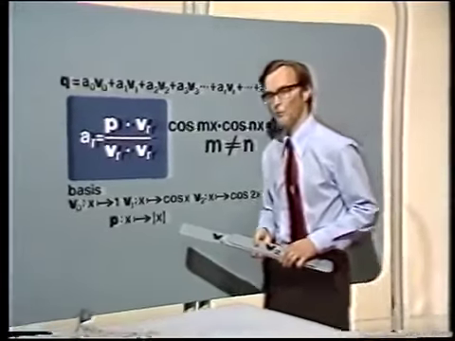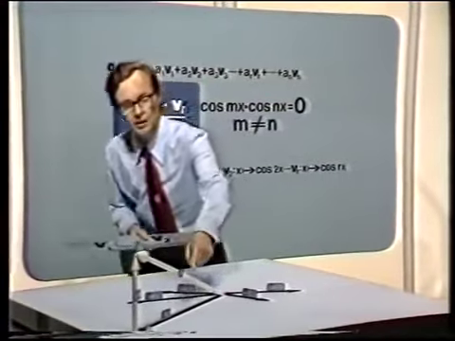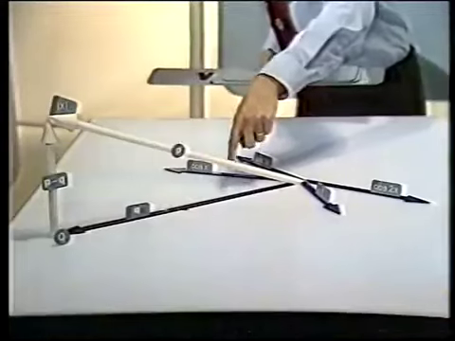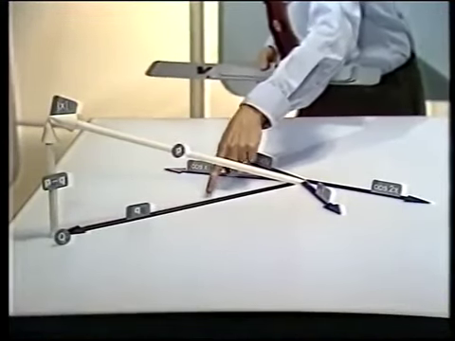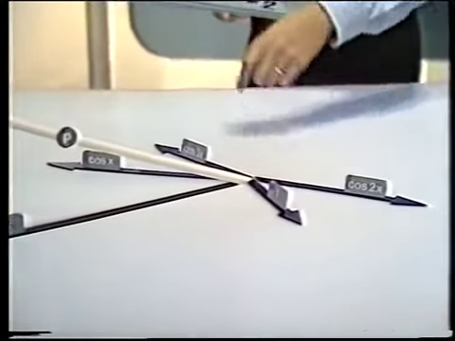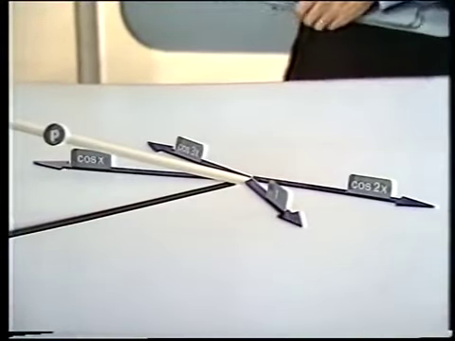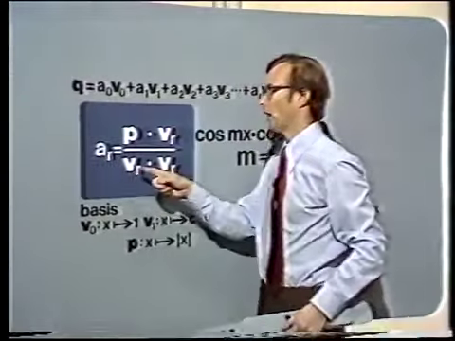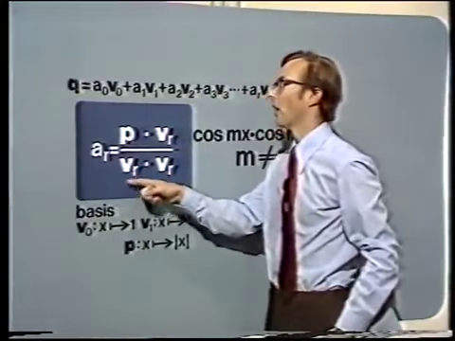Well, how does this work for our model? Here's p, that's the function mod x. Here is q, and we're working out q in terms of all these new basis vectors: 1, cos x, cos 2x, cos 3x, and so on. So what we've got to do now is to calculate the Fourier coefficients a_r and then calculate q. This is the general summation series for q.